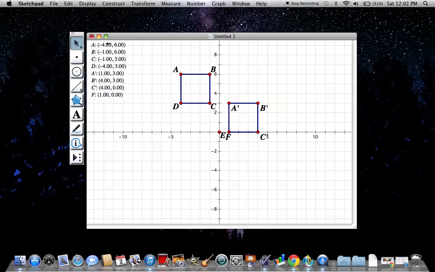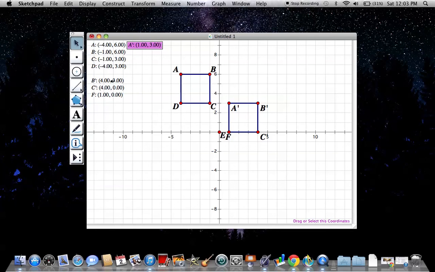Now, if you look, -5 plus 5. I moved to the right, so my x value is adding value, so I added 5. -4 plus 5 is 1. I also moved it down, so the y value I'm going to subtract, so I went from 6 down 3 units to 3.